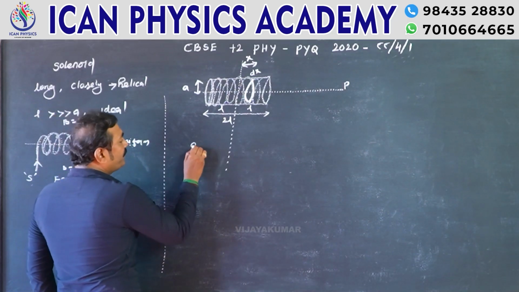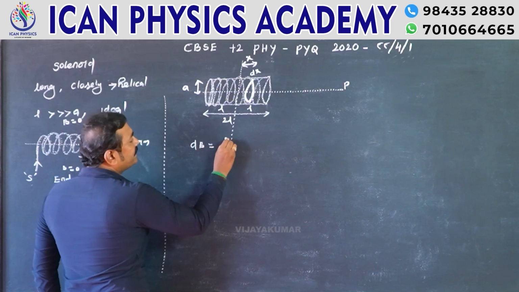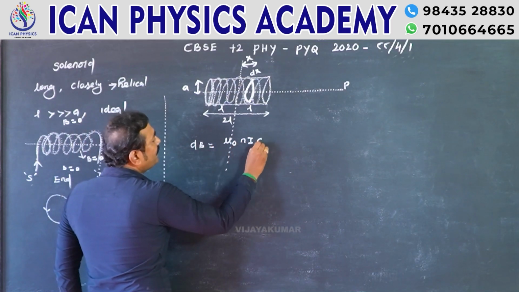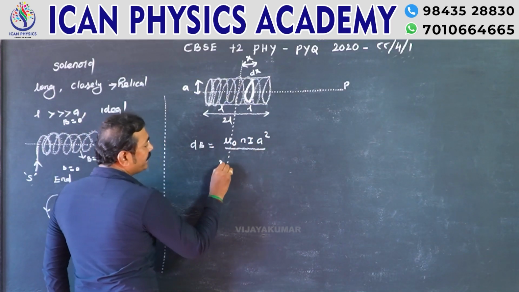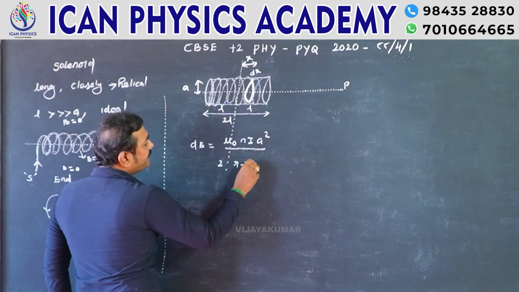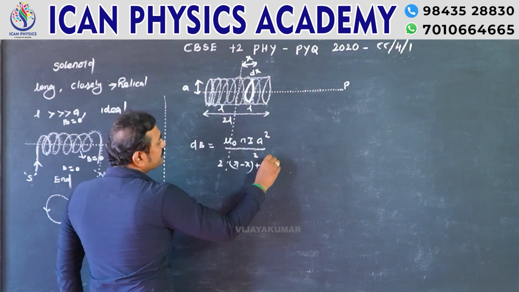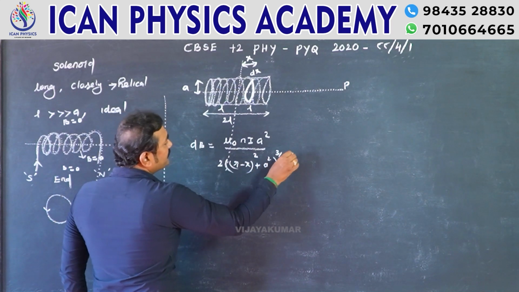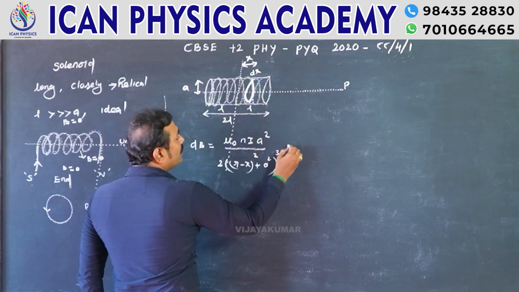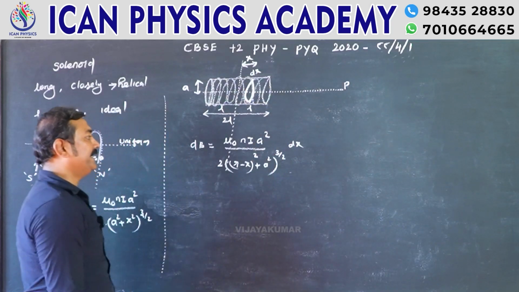Okay. So, what may be the expression? dB equals mu naught N i A square divided by 2 into ((R minus x) the whole square plus A square) power 3 by 2, for the small element dx.